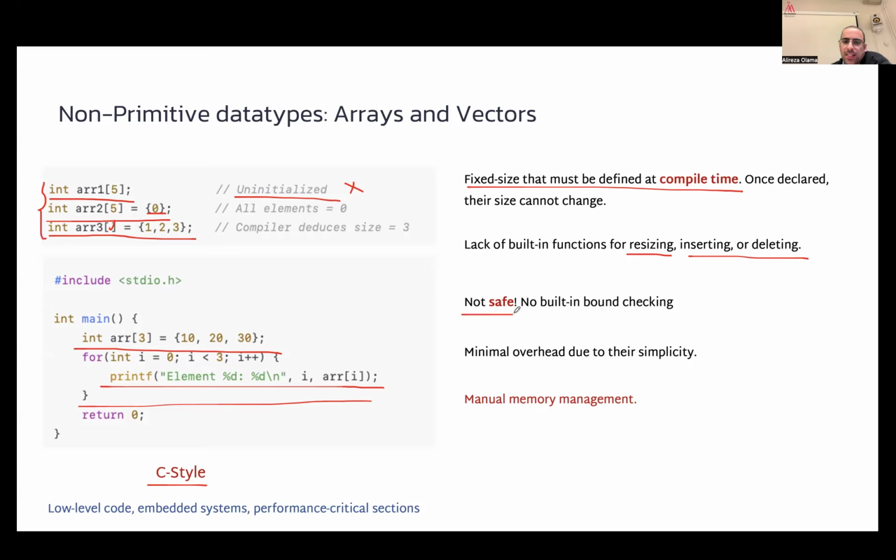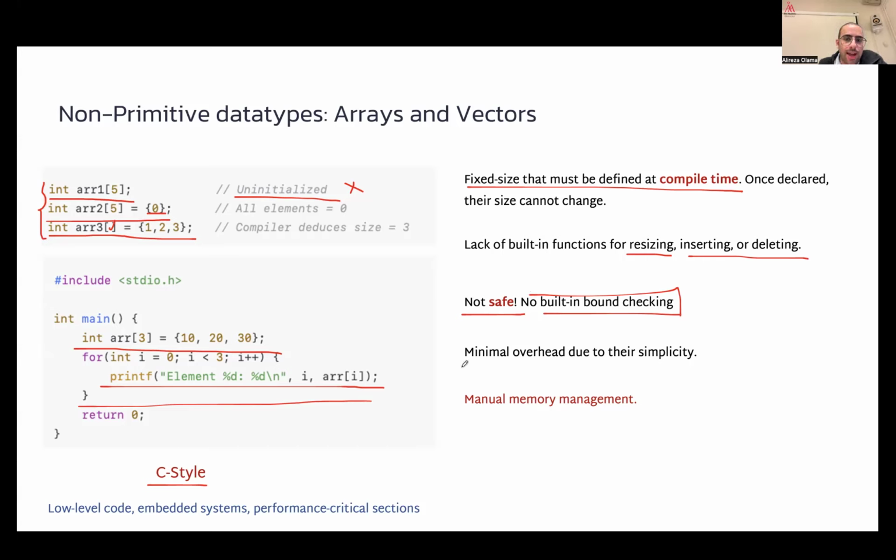They are typically not safe because there is no built-in bounds checking. So if you want to access an element in an array beyond the number of elements in the array, you won't get an error in many cases, but you might get a segmentation fault. But the language does not check the bounds.